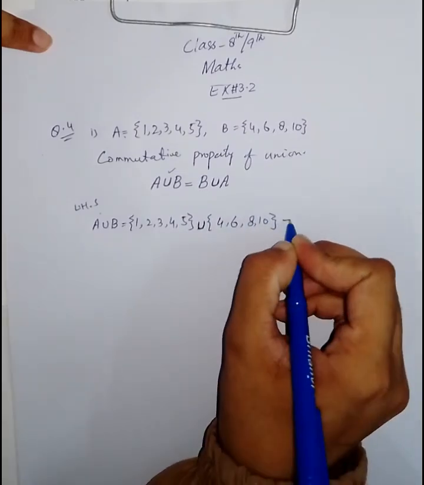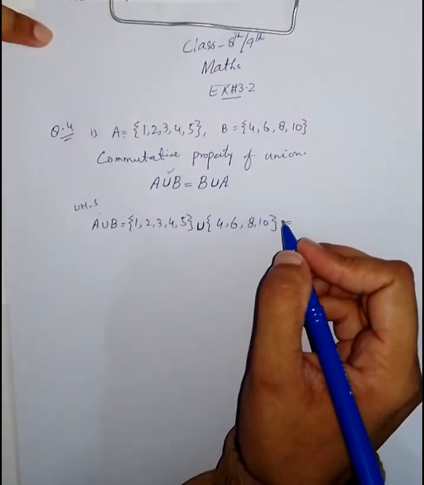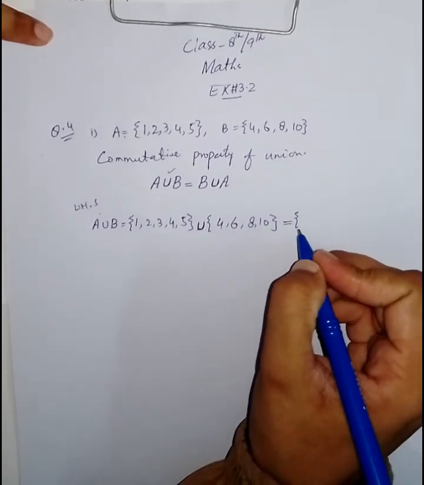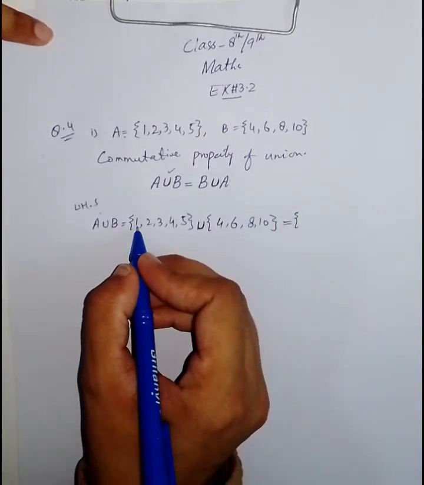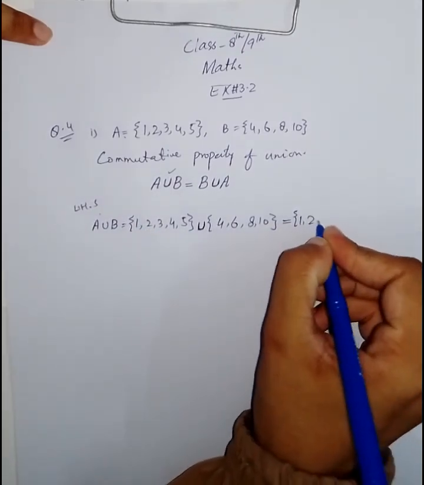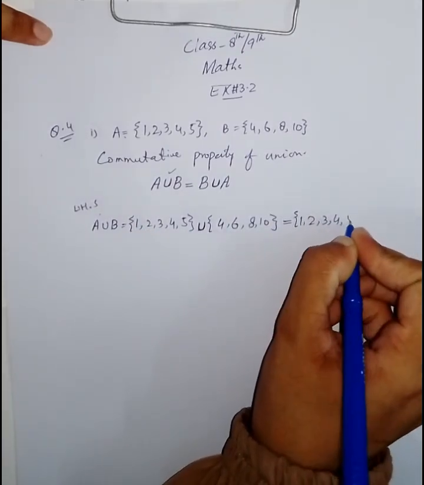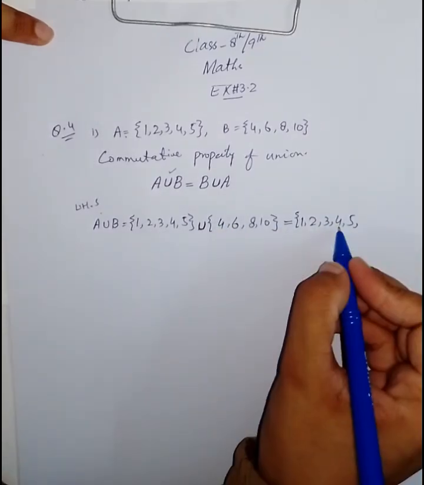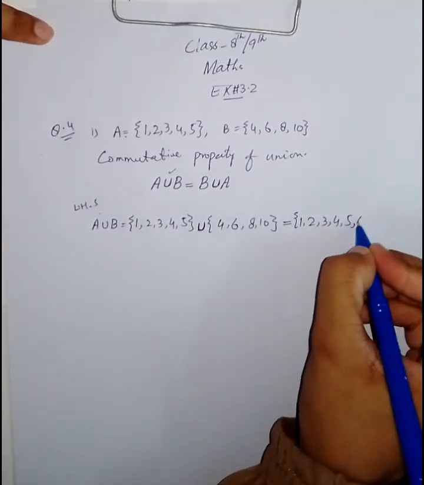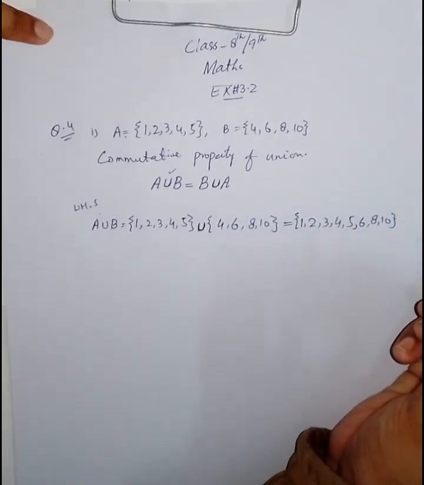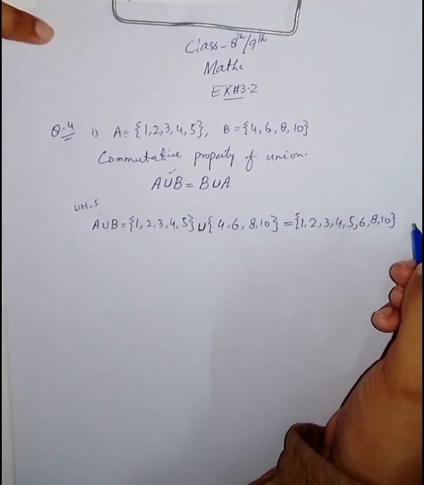Now what we do in union, we have to write all elements of set A and set B by combining all elements. So let's start. Take union of these two sets. 1, 2, 3, 4, 5. After 5, from here 4, that is already written. 6, 8, 10. So this is the union of A and B.